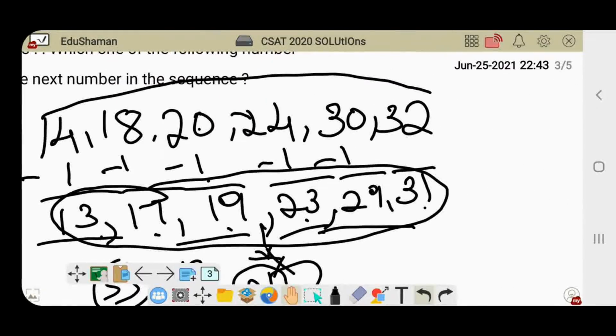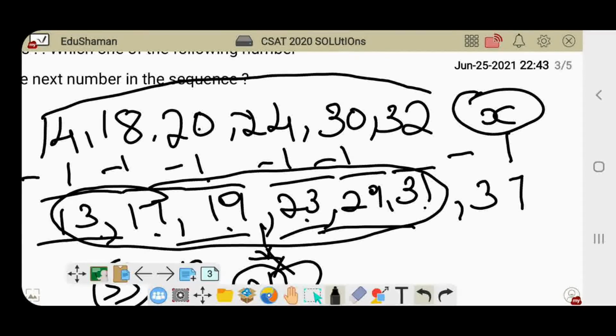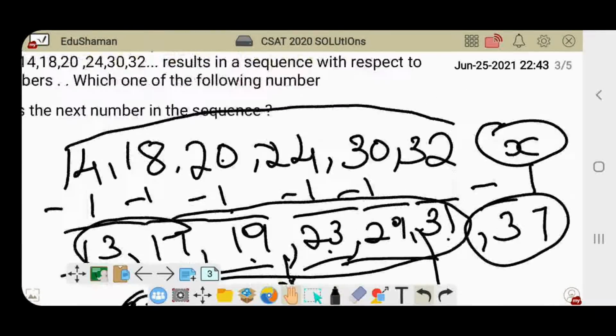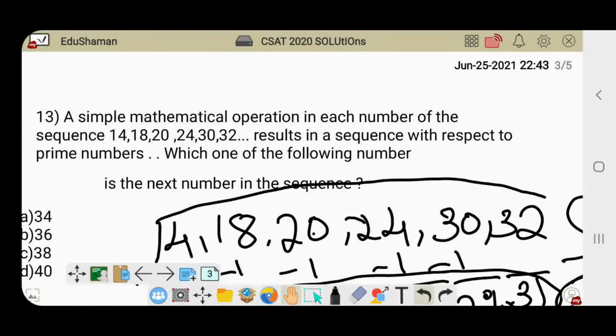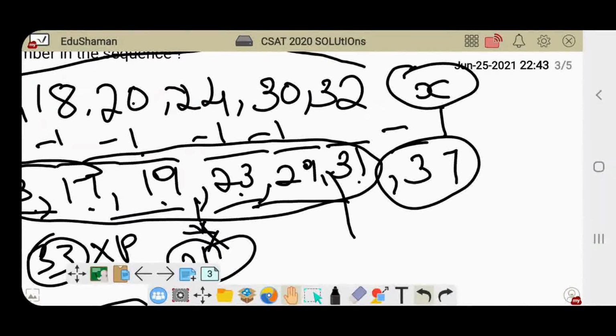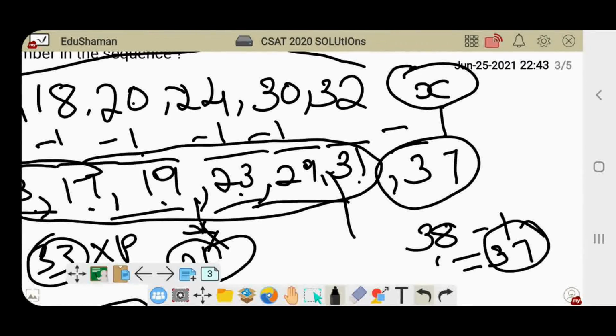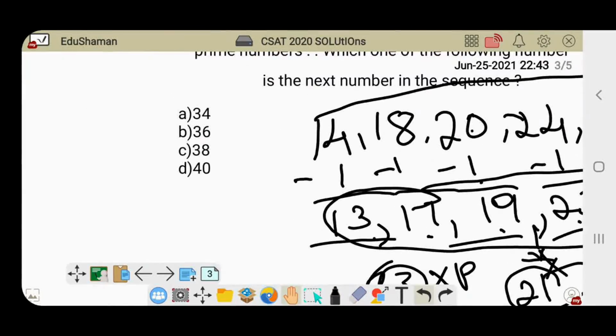The question asks us what x is, the next number in the original sequence, and that should be 38, because 38 minus 1 would give you 37. So 38 is in option C. So option C becomes the right answer.